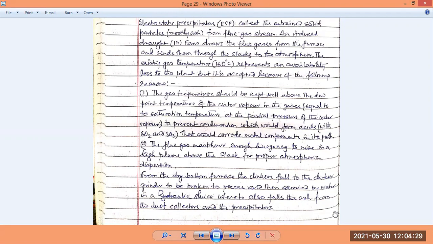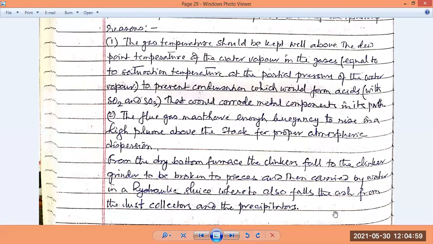So all this dust created by burning the coal goes to the clinker grinder to be broken up to a certain limit, not a very high volume of dust, into small pieces, and then carried by water in a hydraulic sluice.